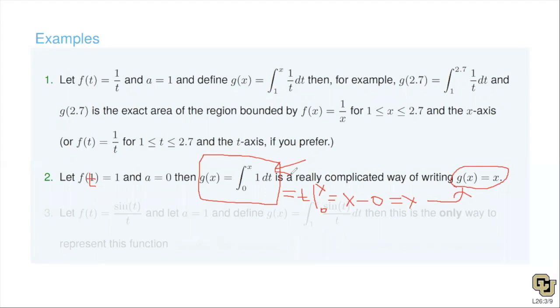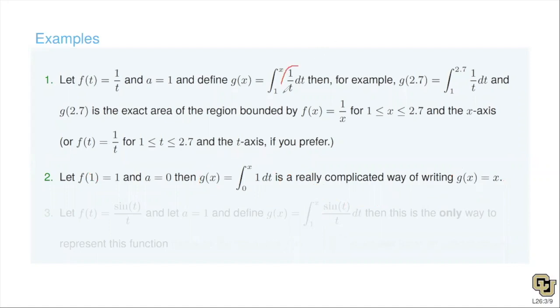We could do it with all our functions, but we especially want to do it for functions where we don't know the antiderivative. For example, 1 over t, I don't know the antiderivative. This would be the only way to express this function. I can't really replace this integral because we don't have an antiderivative for 1 over t. Some of you that have had calculus are saying, well, natural log, that's an antiderivative of 1 over t.